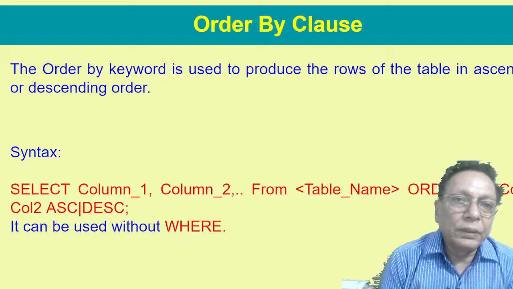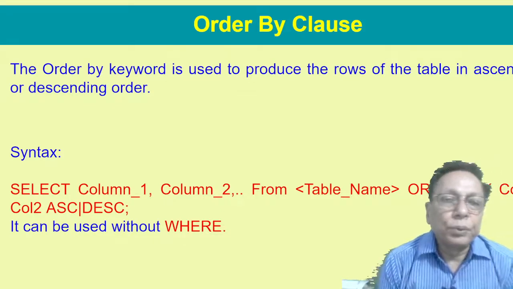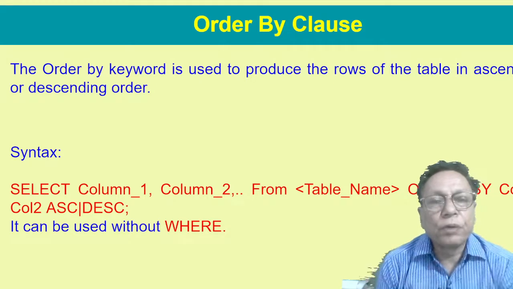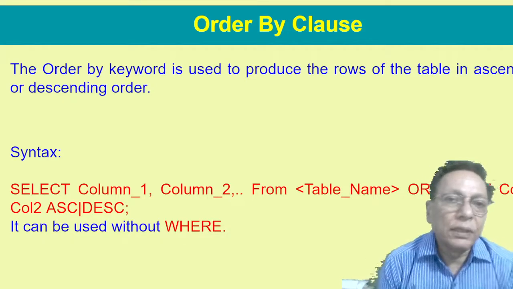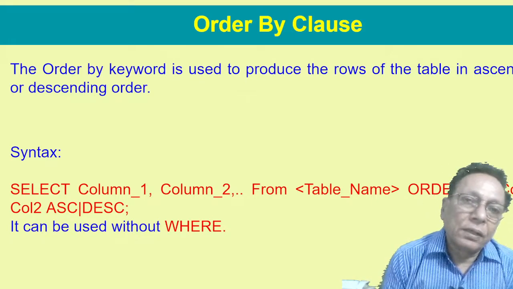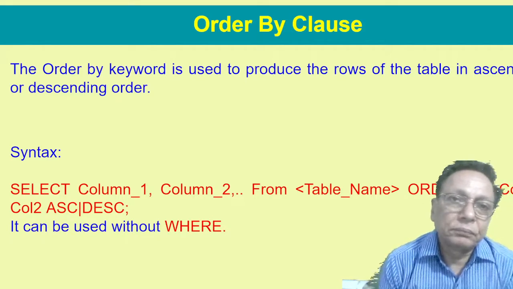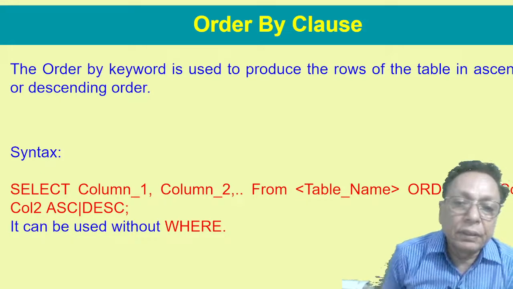And one thing more: you can use the ORDER BY clause without WHERE, means without any condition, and it will sort all the records because the WHERE condition is not there.